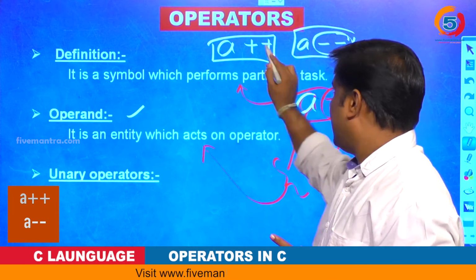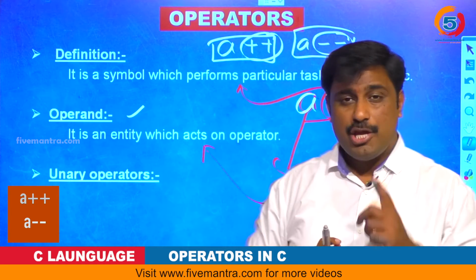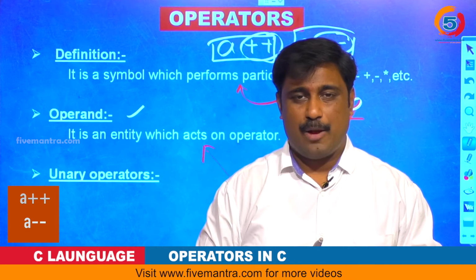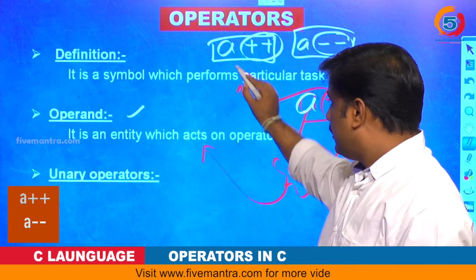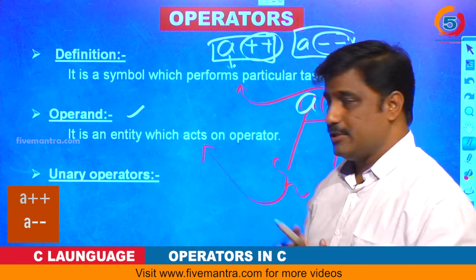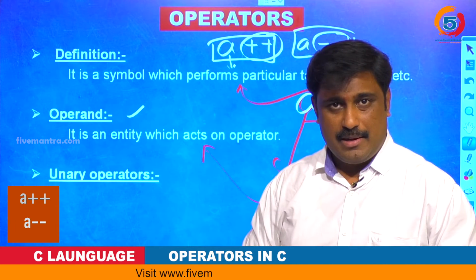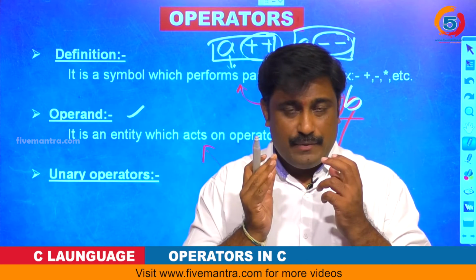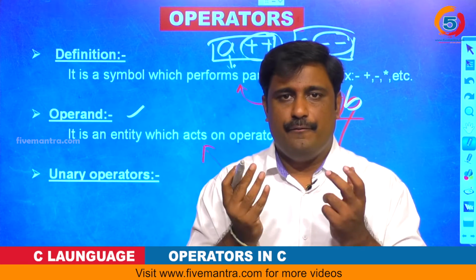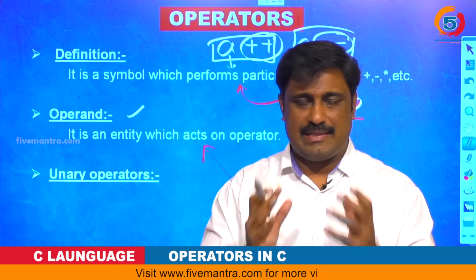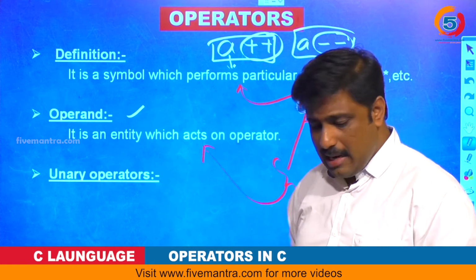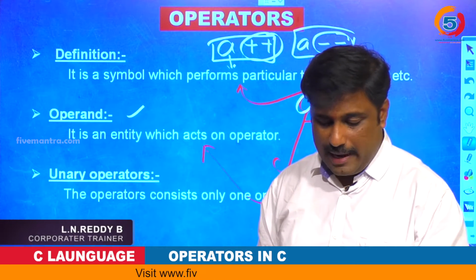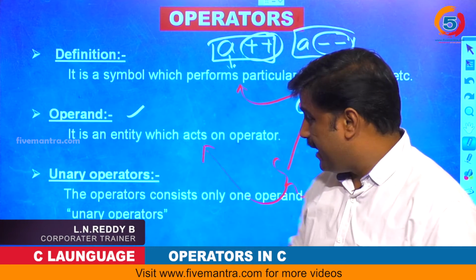This plus plus and minus minus we call a unary operator because only one operand is used. Now whenever I am using two variables or two operands, that operator we call a binary operator.